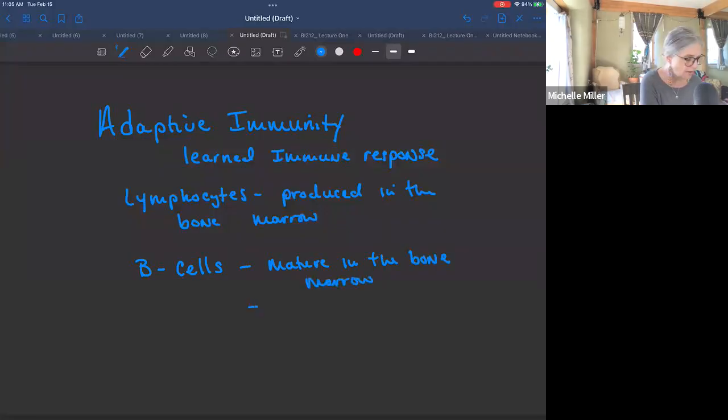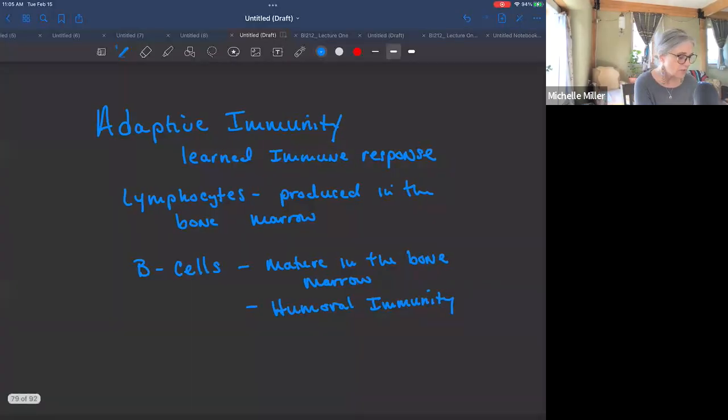They are involved in what is called humoral immunity. What this means is that humors are like body fluids. It was an old-fashioned name for the body fluids, your humors. And humoral immunity involves producing antibodies in response to a foreign antigen and releasing those antibodies into the blood.